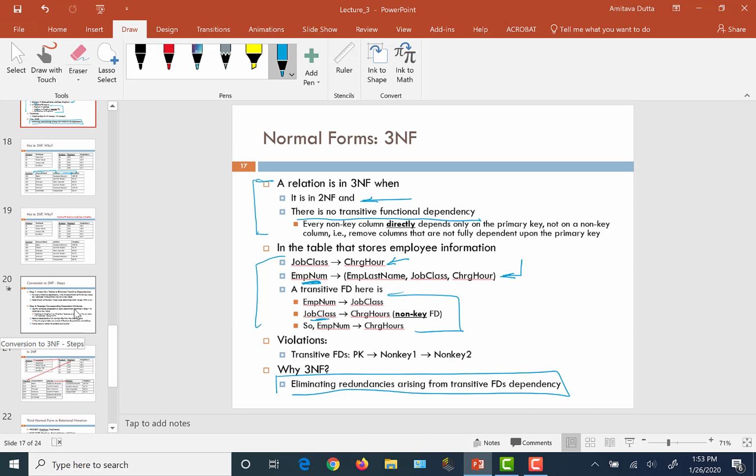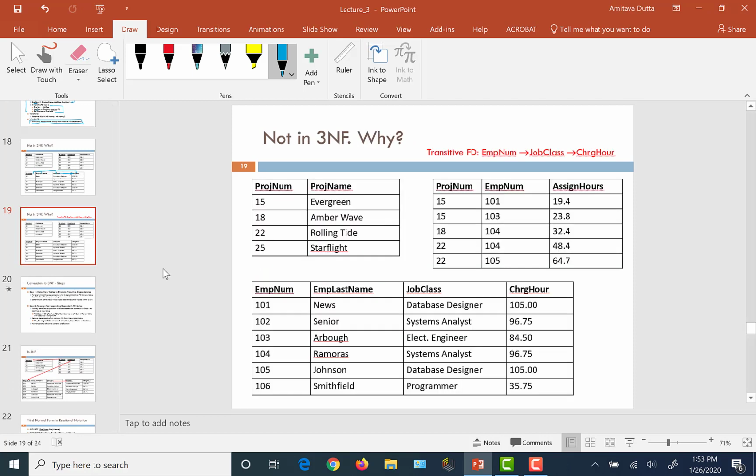Okay, so here's the table we will need to split. There are no transitive dependencies in the project table. There are no transitive dependencies in the assignment, in the hours table. So this first table and the second table do not have any transitive dependencies. So they are not only in second normal form, they are also in third normal form.